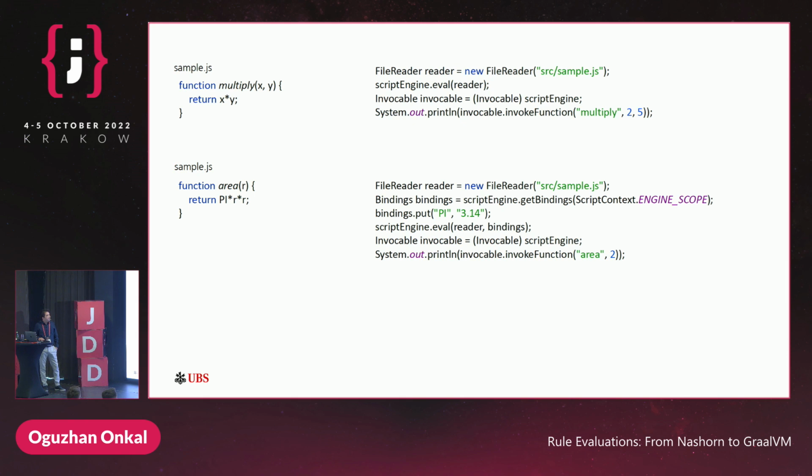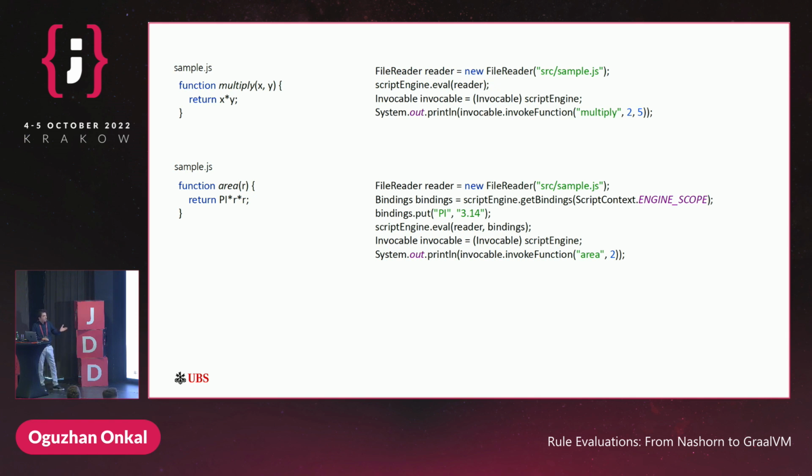And actually, it uses the other variations of the eval method. Here you notice that we create something called bindings. So bindings are more like a global variable in this engine context. And you have the JavaScript code, but there might be cases that you don't have the constants or these global variables available in the JavaScript code, and it may exist in the Java part.